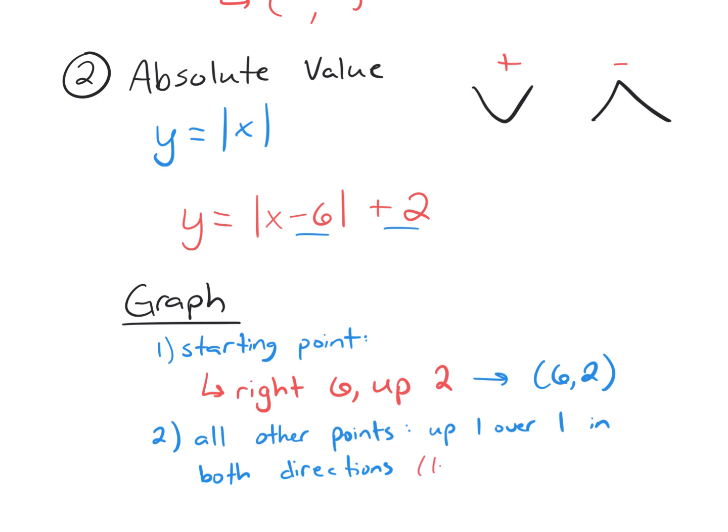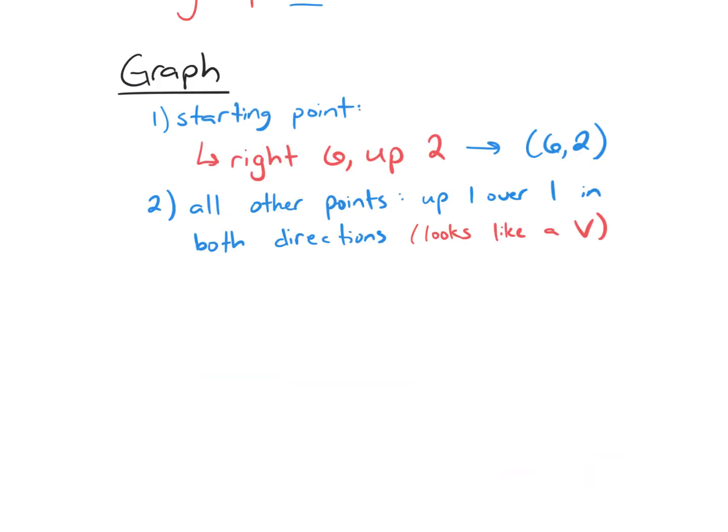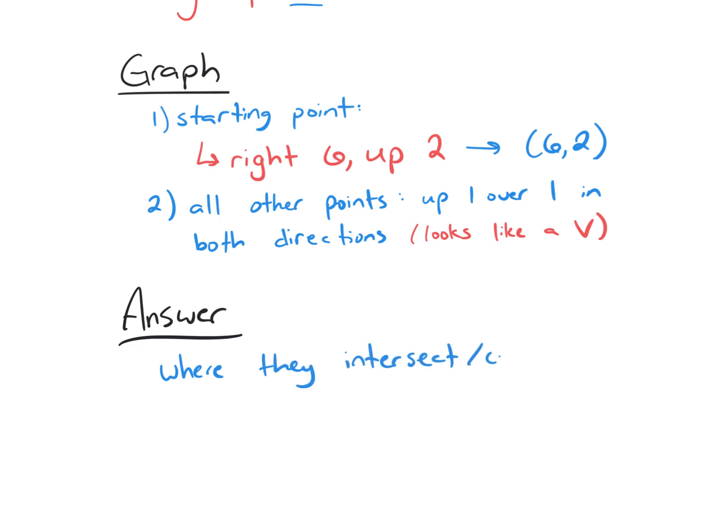A V. Yep, looks like a V. And then last thing, where do we get our answer from? What's our answer after we graph? Where they intersect or cross. And then again, how do we write our answers? Coordinates.